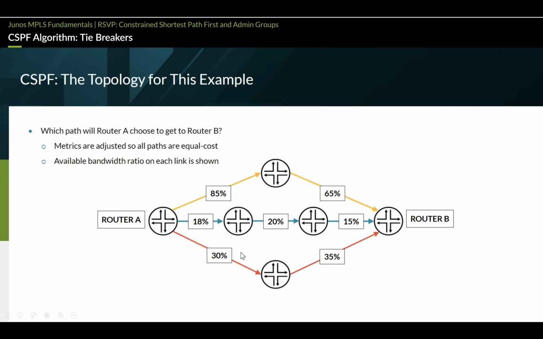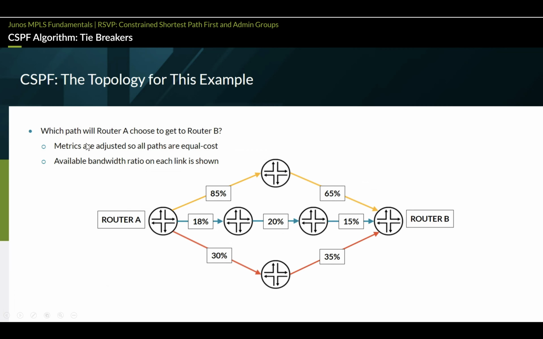The available bandwidth ratios are 30 and 35%, that is 65%; 18%, 20%, and 15%; 35 and 10, 45, plus 3, 48%; and the upper one, that is 85 and 65%. So which path will router A choose to get to router B?